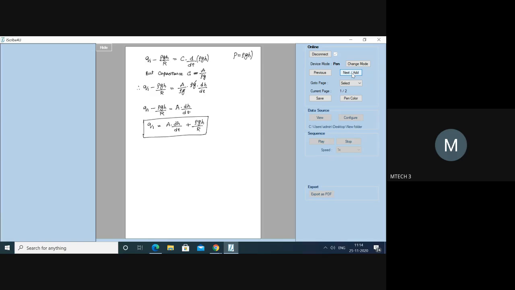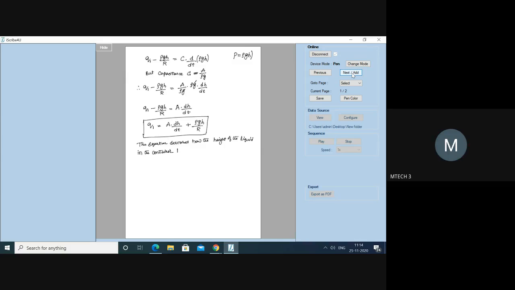Okay. So this equation describes how the height of the liquid in the container, what is this represented as?